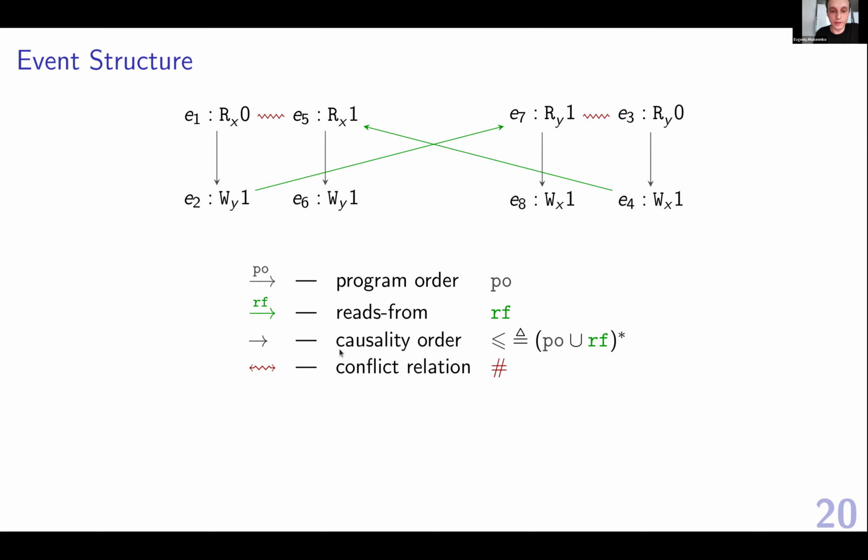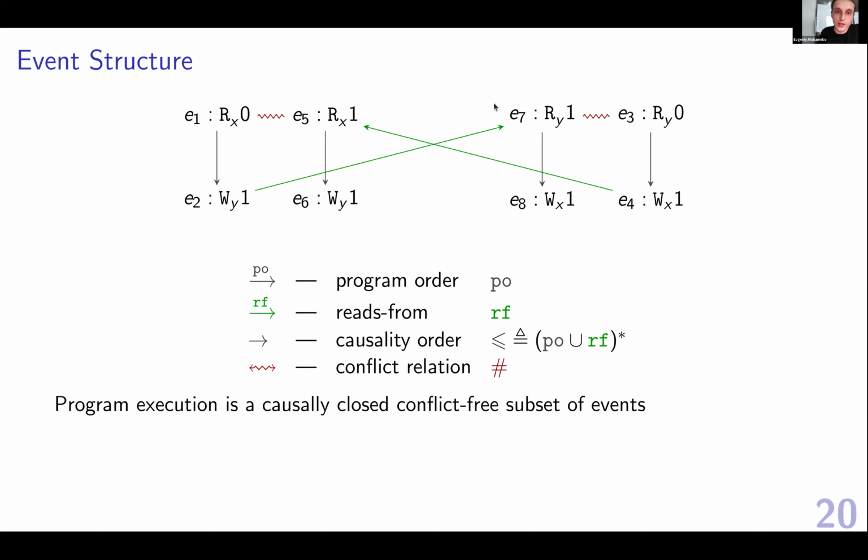I'm not going to give the formal definitions, but essentially we require that the causality order is a partial order, and that the conflict relation is consistent with respect to the causal order. What that means is that an event cannot causally depend on some conflicting event. So if you take some event, all of its causal predecessors should not be in conflict with it.